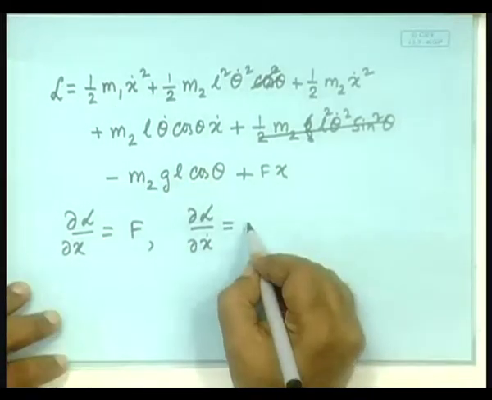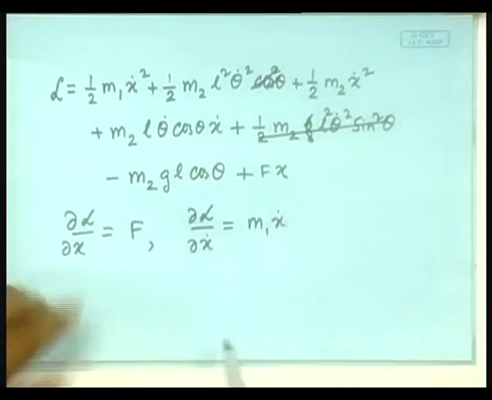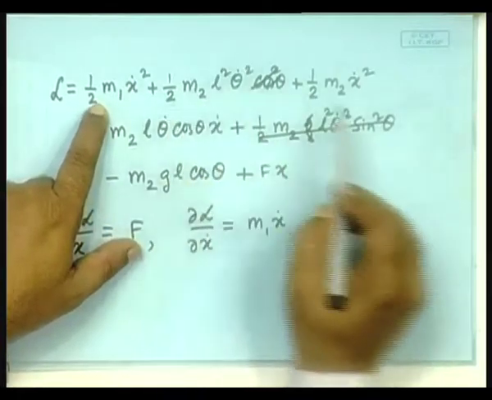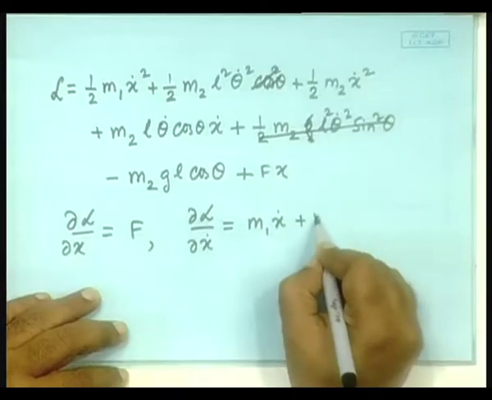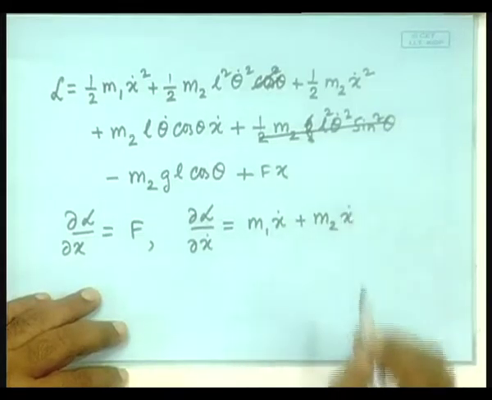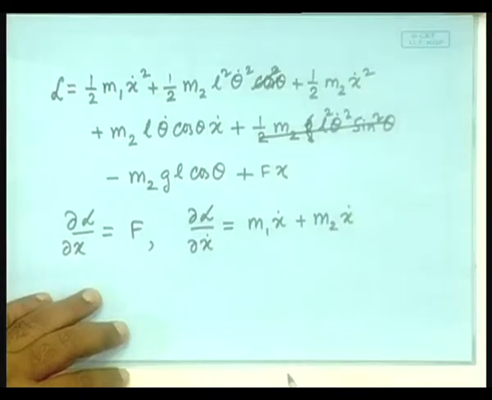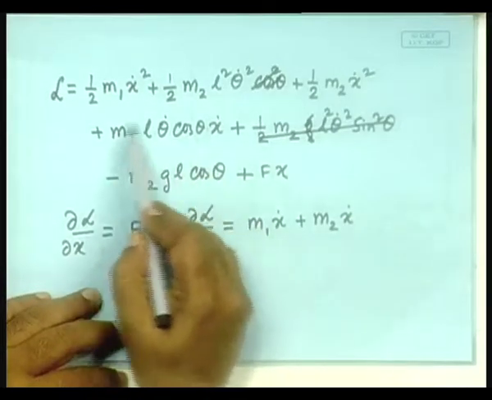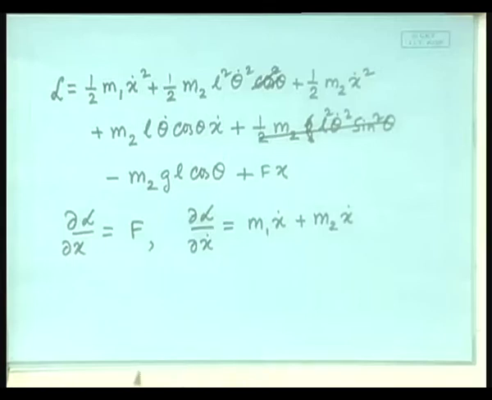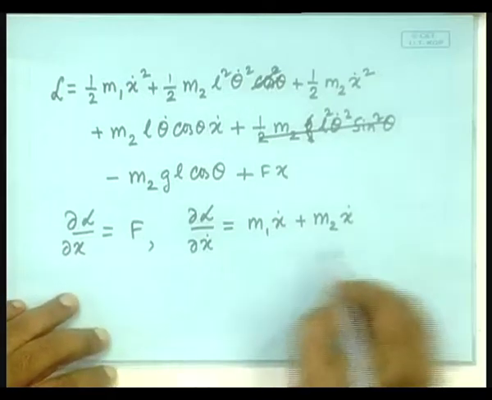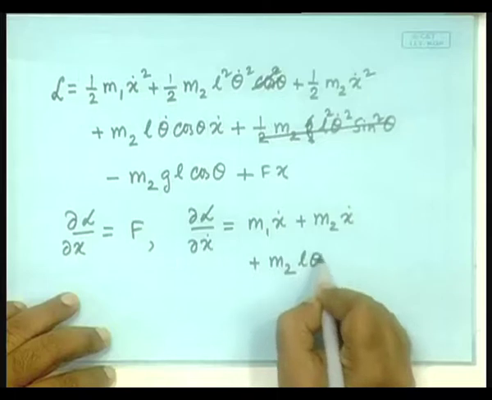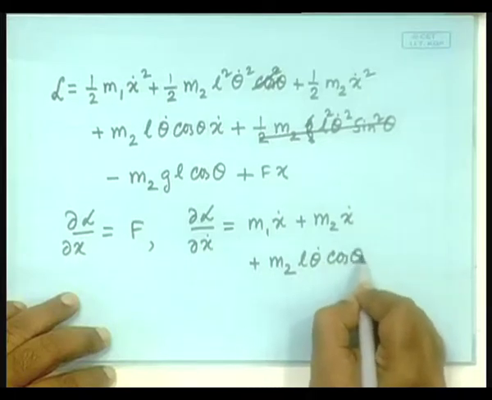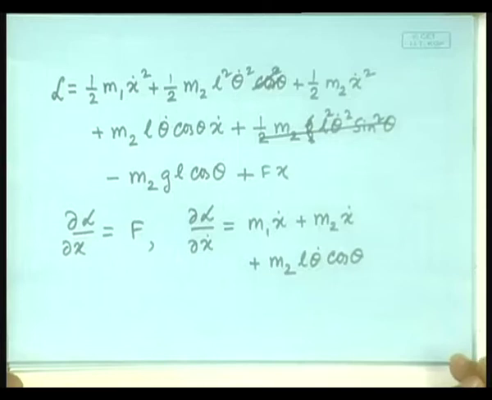Now, we have m1 x dot from here, this remains. So, plus m2 x dot, right. This one remains, but this is complicated stuff, differentiate it properly. Plus m2 L theta dot cos theta, right.